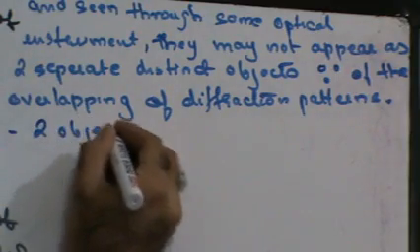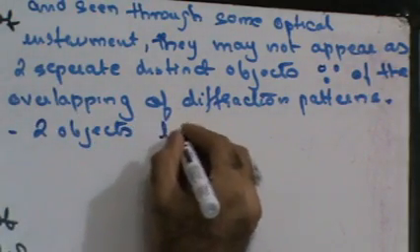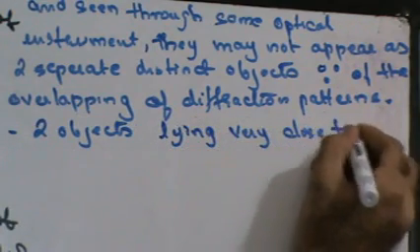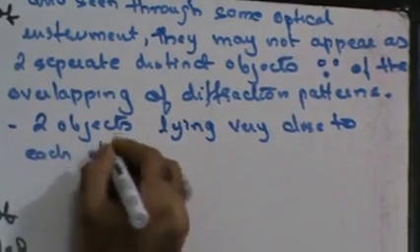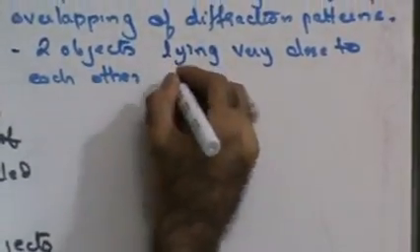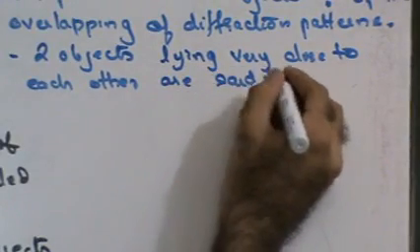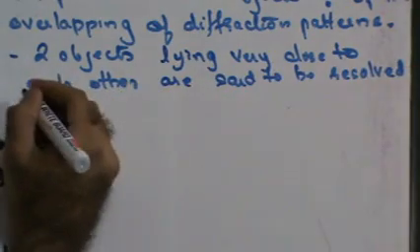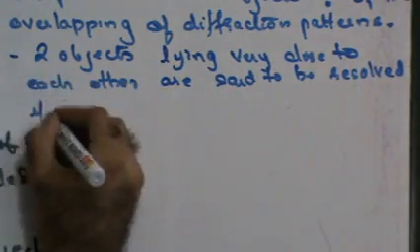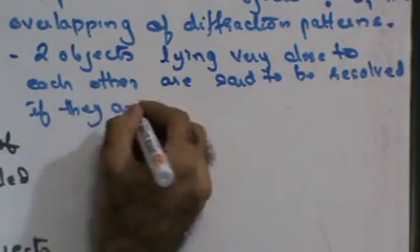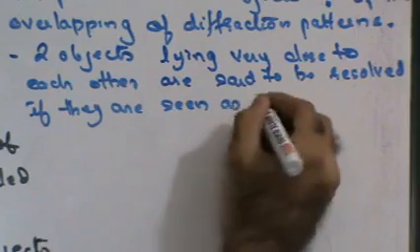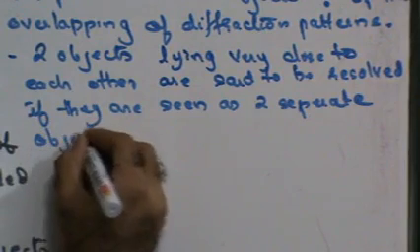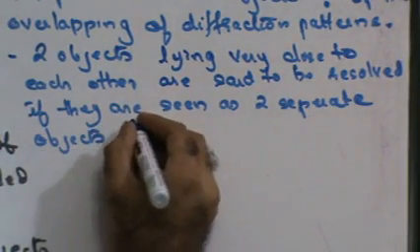Two objects lying very close to each other are said to be resolved if they are seen as two separate objects through an optical instrument.